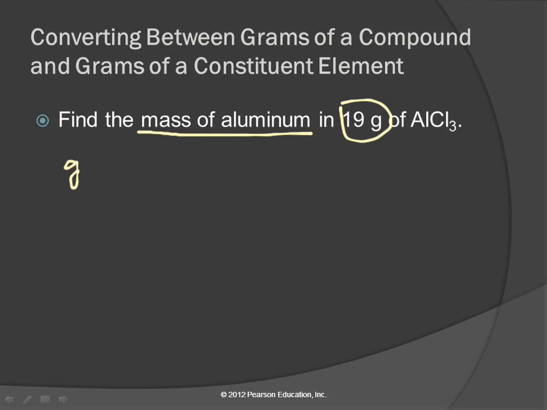So we've got grams of AlCl3, and we want grams of aluminum. Do we know a relationship between grams of aluminum chloride and grams of aluminum? Have we talked about anything like that?